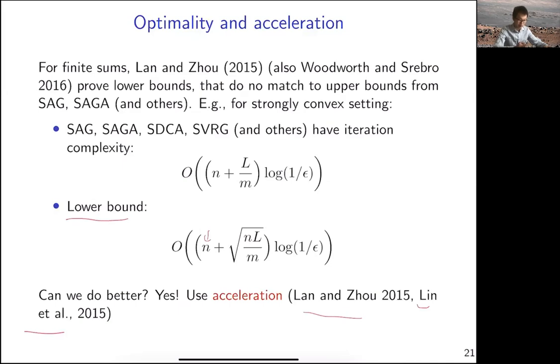Acceleration typically requires more careful choice of the hyperparameters, learning rates, and so on, and knowledge about the underlying problem, specifically what the numbers L and M are, and your choice of sequences of learning rate and maybe the momentum factor would end up depending on those unknown parameters.